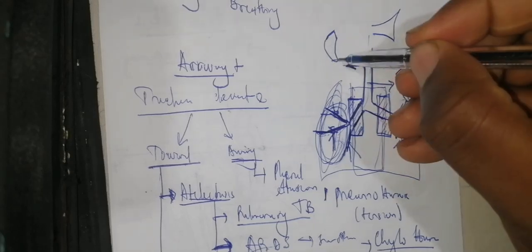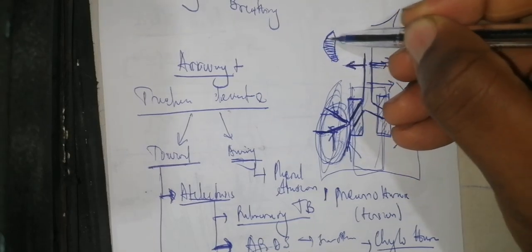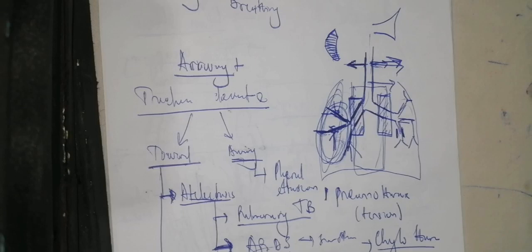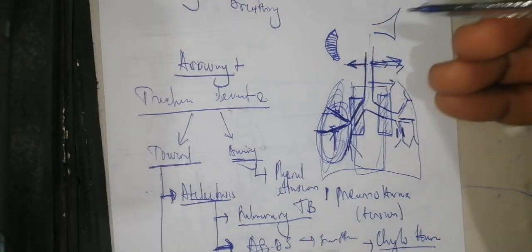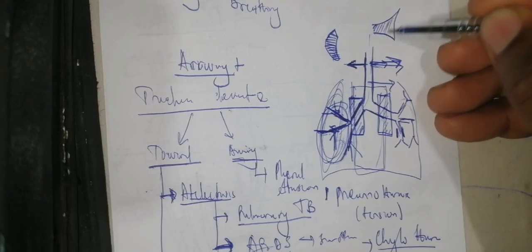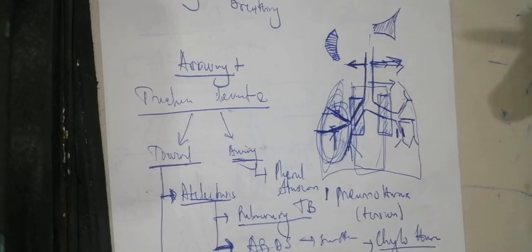So if you see an opacity which is like this commercial shape, it is more of a right hilar opacity. And if you see an opacity which is more like a wing shape on the left side, it's more also a left hilar opacity. Is it clear? A hilar lymphadenopathy. Those are typical to show you that the hilum is affected.